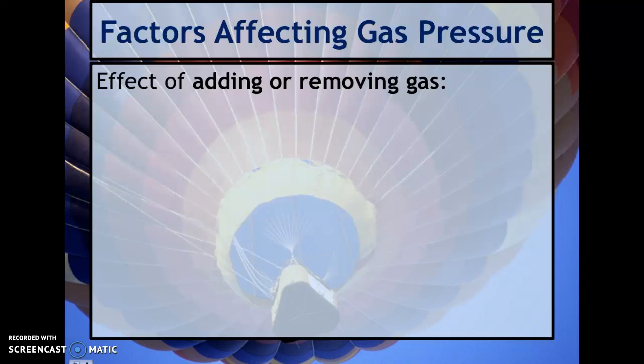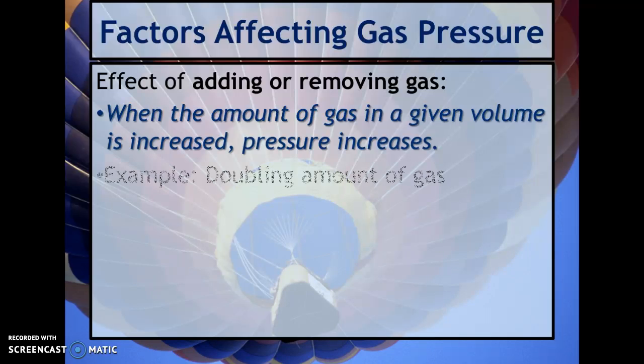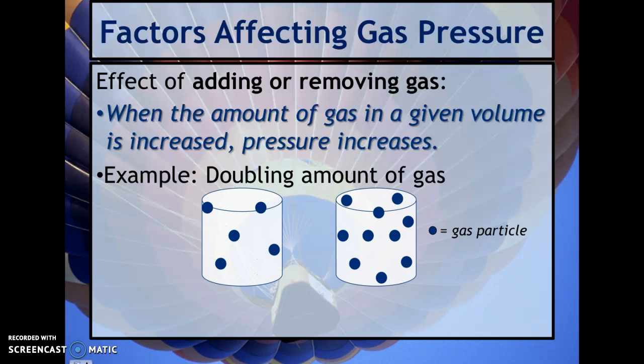First, we are going to discuss the effect of adding or removing a gas from a container that's under pressure. When the amount of gas in a given volume is increased, the pressure increases. Let's look at an example, doubling the amount of gas. In the first container, the one on the left, we have 5 particles of gas.